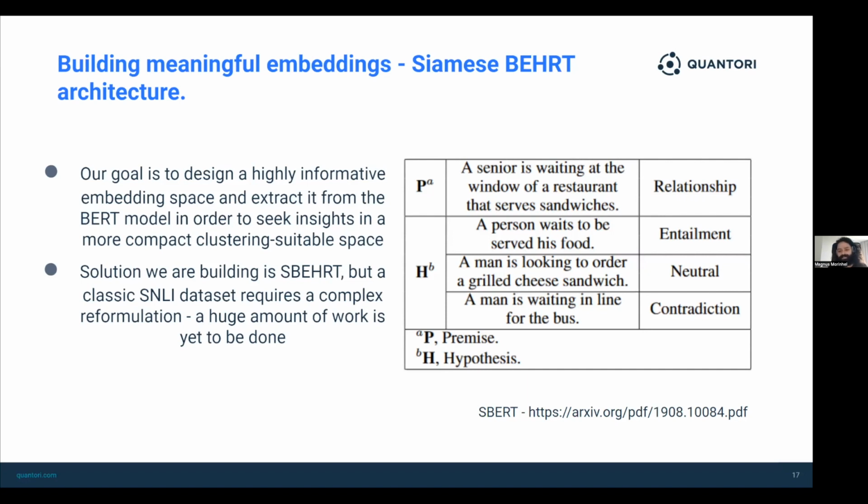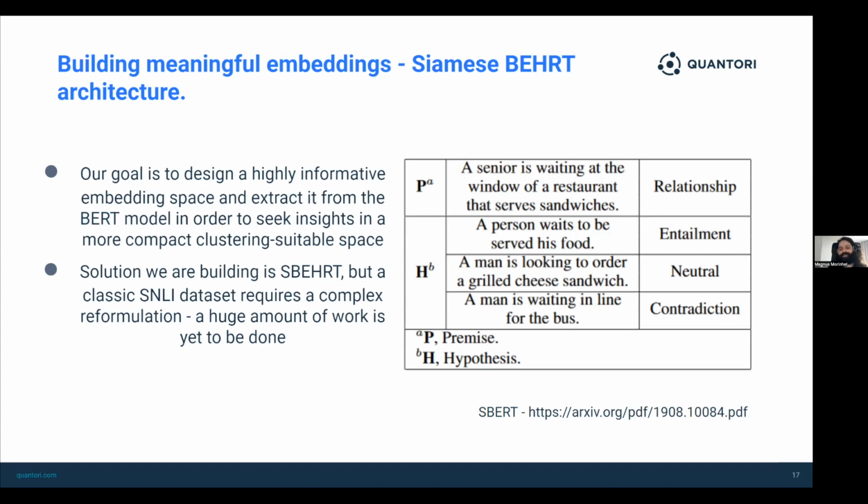What we orient at is Sentence-BERT. The idea is that they use the SNLI dataset. They basically introduce two sentences to two BERTs, and they try to understand the relationship between them: either it's entailment, neutral, or contradiction.